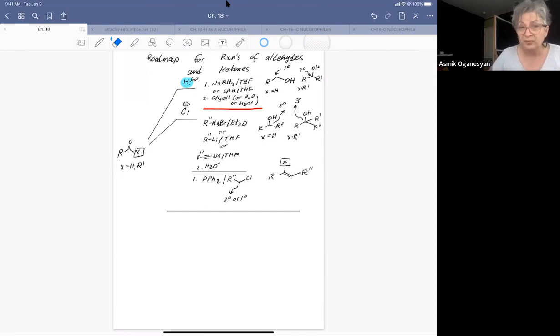So carbon nucleophiles, hydrogen nucleophile outcomes are given. So let's take a look at the outcomes of the reaction with oxygen and nitrogen and sulfur. And hopefully we will be able to fit the whole thing on one page. We'll just be optimistic about it.